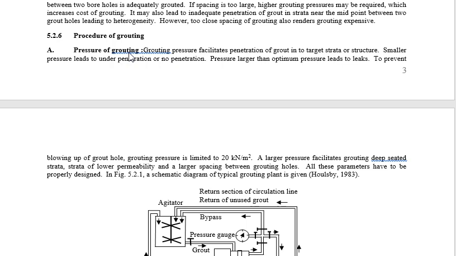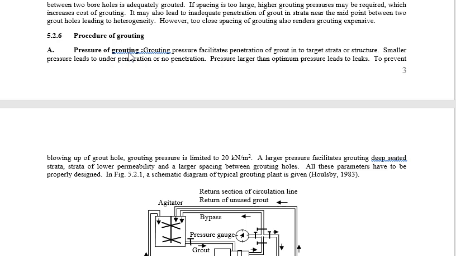Then, to prevent this blowing of the grout hole, the grouting pressure is limited. The grouting pressure is limited to 20 kilonewton per meter square. If you apply 20 kilonewton per meter square pressure, then no leakage or fracture takes place, and the grout will reach the proper destination and achieve the density.